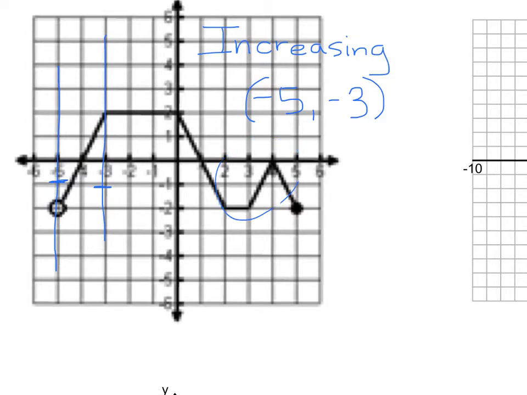So from the left side to the right side, from x equals 3 to 4, the graph is also increasing. And again, we don't include the endpoints, so parentheses. So these two parts of the domain have an increasing graph.